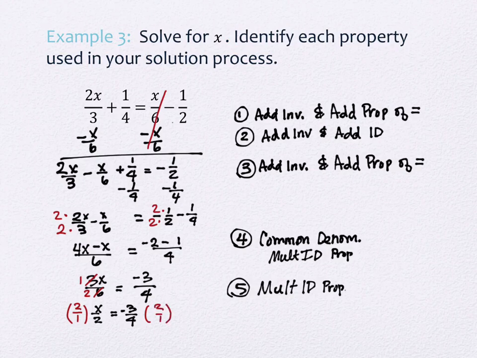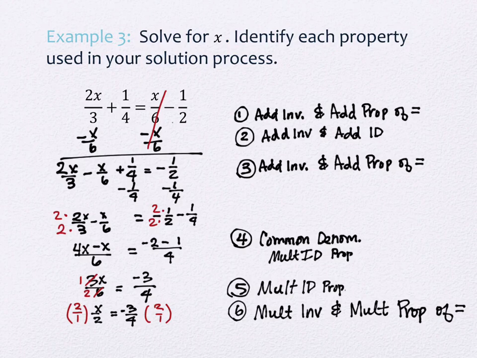So again, this is happening because we're using the multiplicative inverse property and the multiplication property of equality. Both of those are playing in there. When I do this on the left, 2 over 1 times x over 2, those 2 over 1 and the over 2 are going to cancel, right?